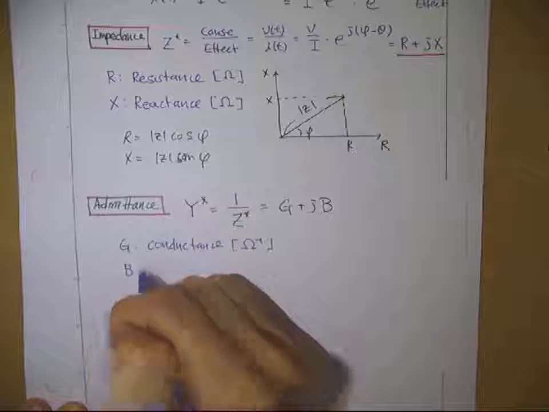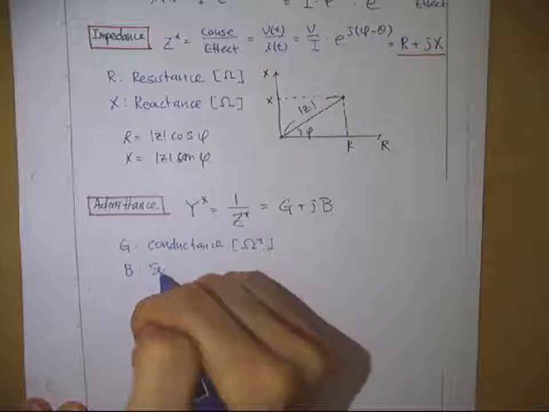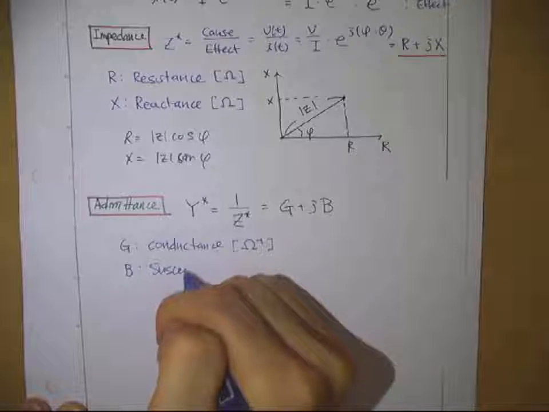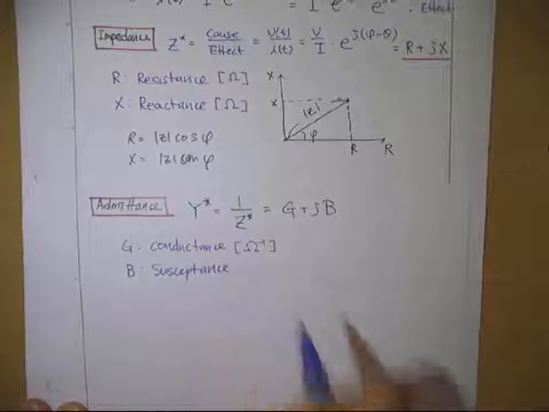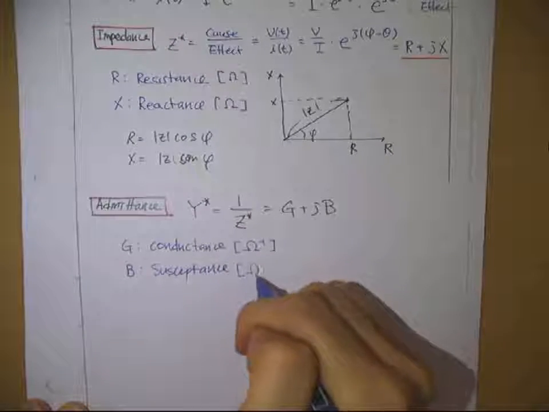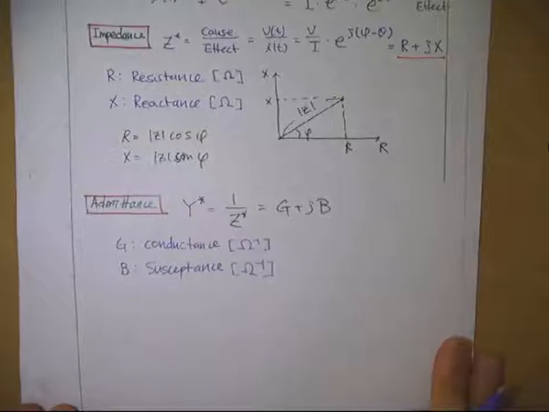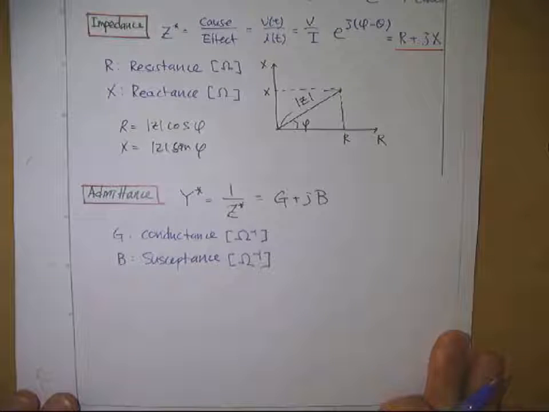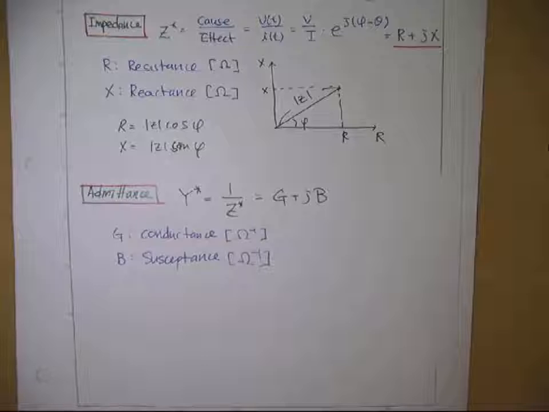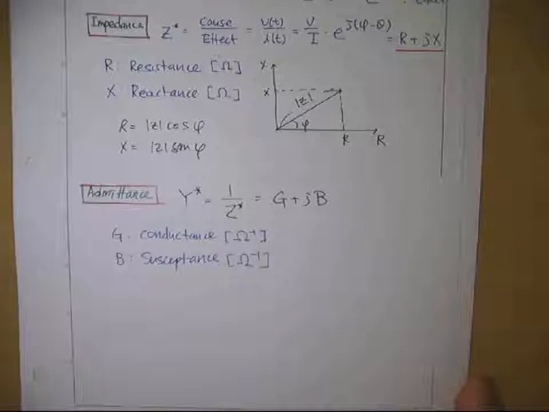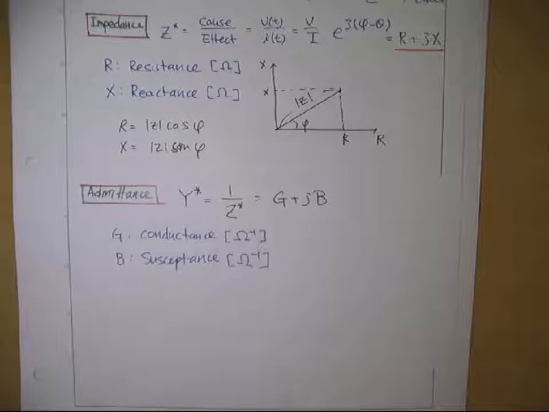And B is susceptance. Also 1 over ohm. So impedance and admittance.